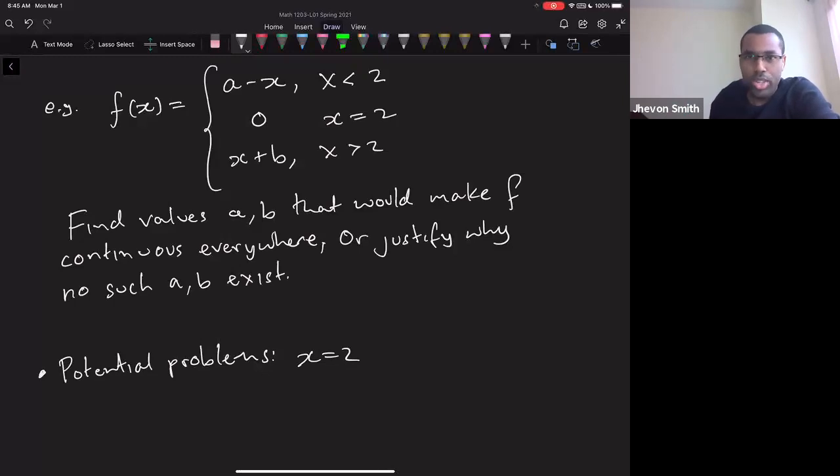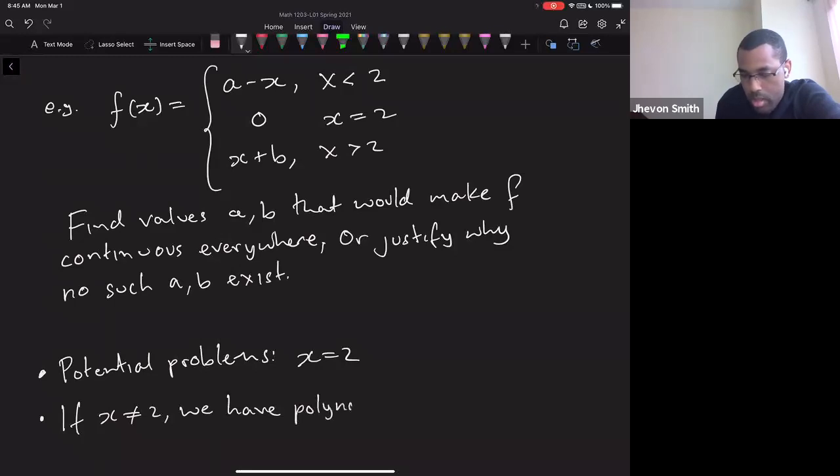So obviously at x equals 2, all sorts of craziness is going on there. So that's definitely something I want to look at more closely. I would realize that if x is not equal to 2, we have polynomials. So we're fine.